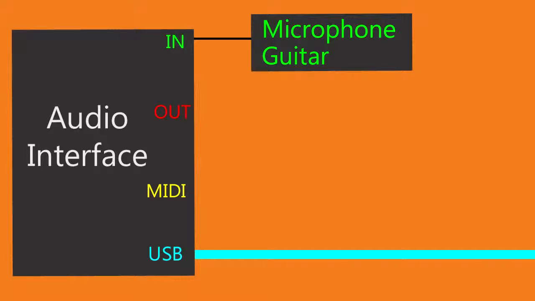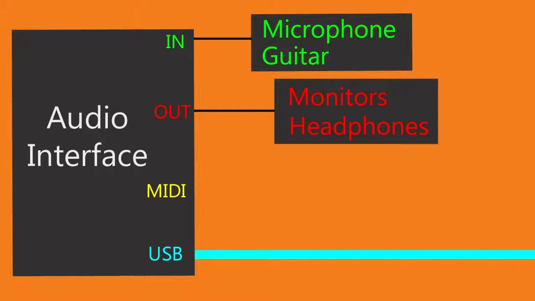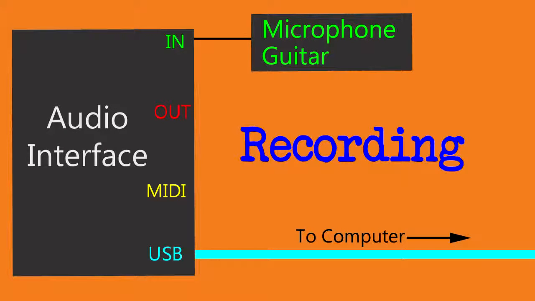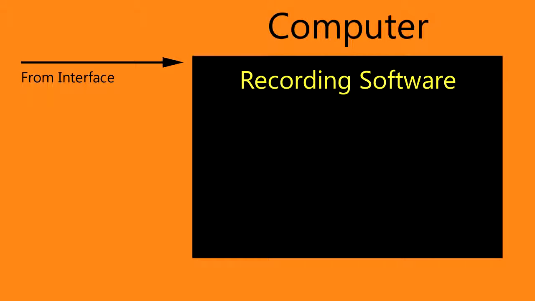At a minimum, most audio interfaces will have provisions for connecting microphones and guitars, monitors and headphones, and MIDI in and MIDI out for connecting MIDI keyboards. When recording, the audio interface converts the signal from the microphone or guitar into data and sends it to the computer via the USB cable.